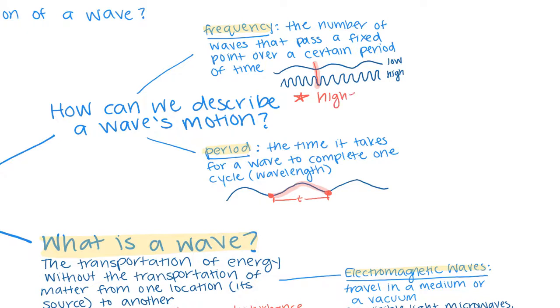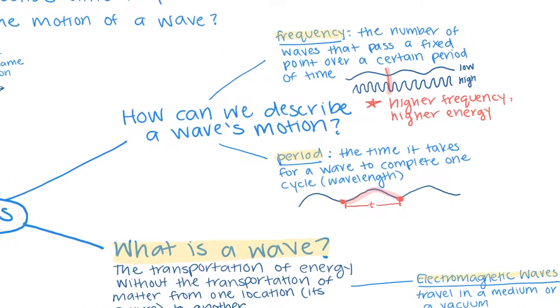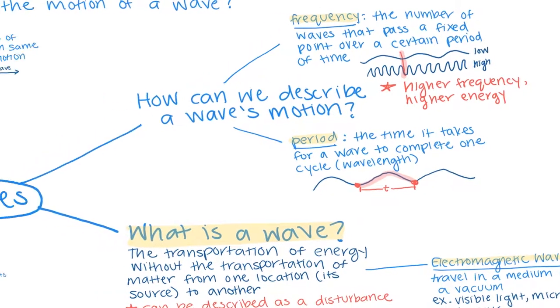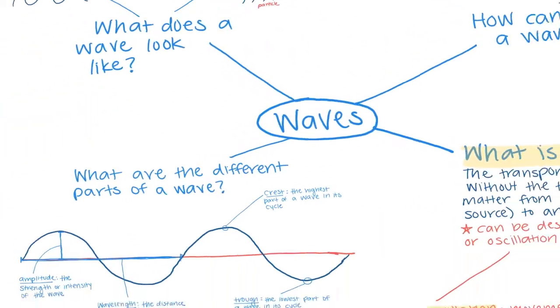So the higher frequency means the wave has a higher energy. So that's just a key point to keep in mind. We will return back to that point when we talk about light and we talk about the electromagnetic spectrum, but just something to keep in mind about how frequency correlates with the energy that a wave is transporting. Okay.